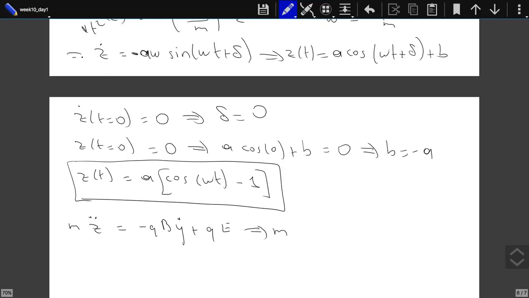So this tells me that m times, well, z dot is already over here. I just need to take its derivative once more. So it is minus A omega squared cosine omega t. Remember, delta is 0. This is z double dot. This should be equal.